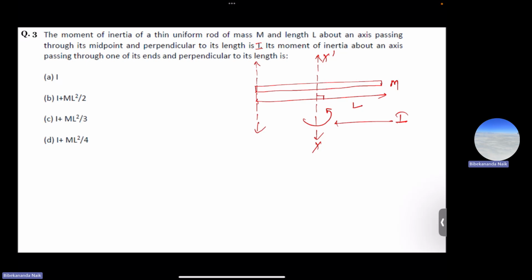This is another axis y prime, and what will be the value of I prime? This is the scenario. I'll give you a few minutes to try this question and then we will discuss.